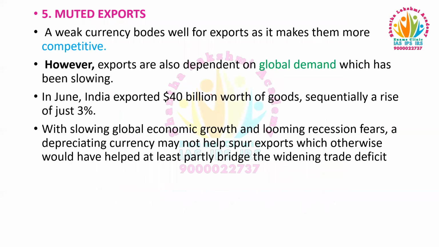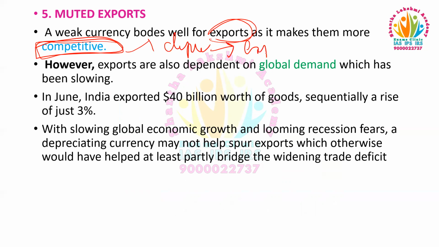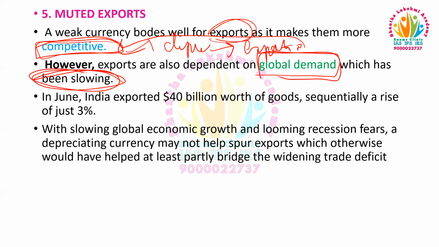And then muted exports. Actually, a weak currency bodes well for exports as it makes them competitive. If a currency is depreciating, therefore the exports will become competitive. But now in this global economic crisis, exports are also dependent on global demand, which has been slowing. Basically, if the currency is depreciating, exports have to become competitive, right?